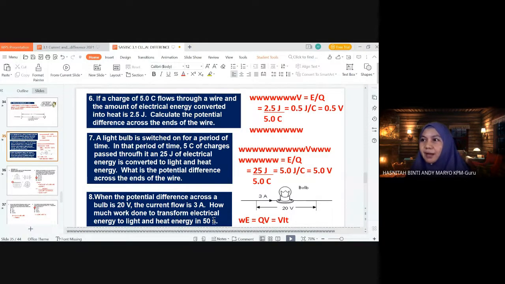Before that, we have E equal to QV, energy equal to charge multiplied by voltage. This charge Q can be written in terms of It. So it becomes E equal to VIt, or W equal to VIt. So you can find the work done now.